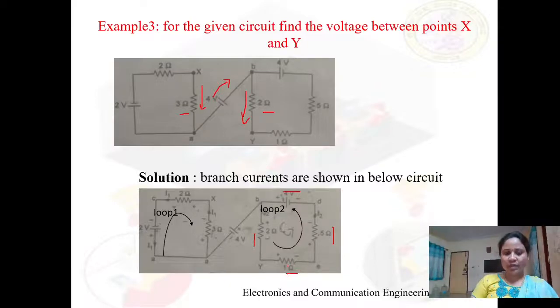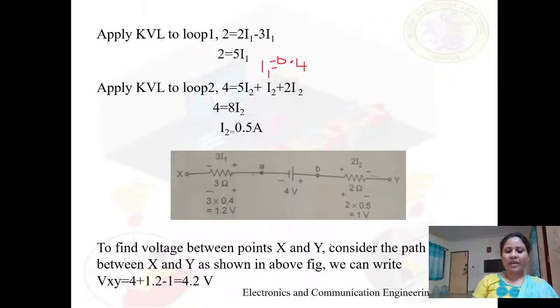I repeat, -2 into I2 -1 into I2 -5 into I2 plus 4 is equal to 0, or the second loop equation is 4 is equal to (2 plus 1 plus 5) I2, which is 4 is equal to 8 I2, or I2 is 0.5 amps.